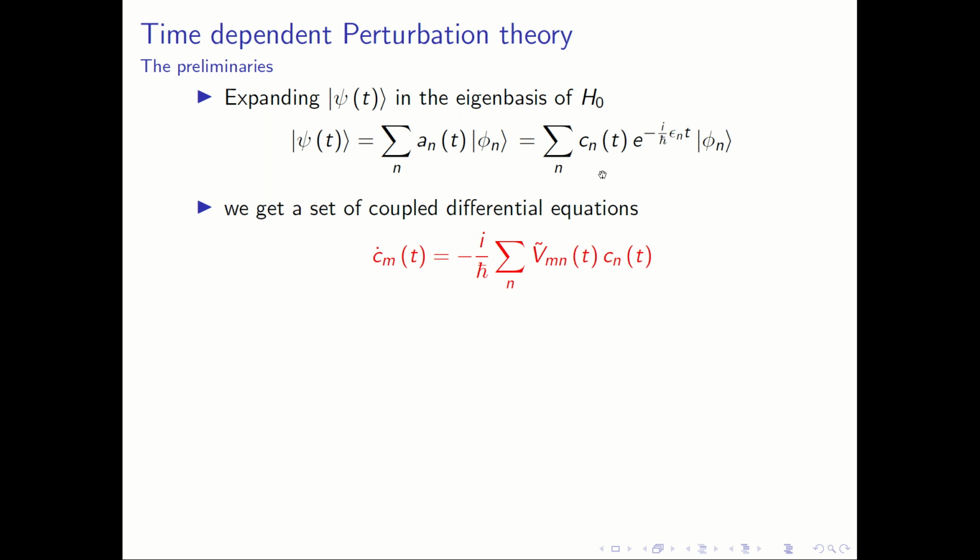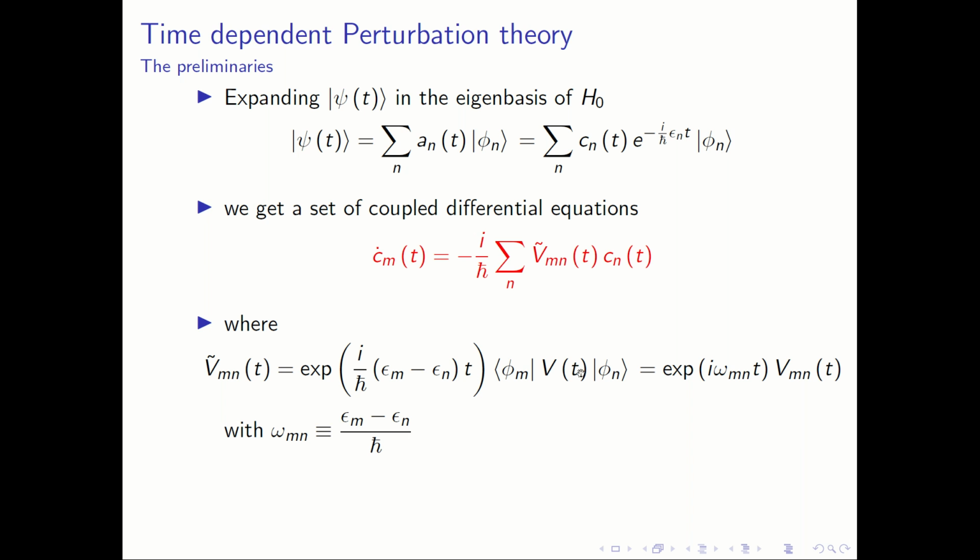Now we saw that if we substitute this expansion in the Schrodinger equation, you end up with this particular set of coupled differential equations, where the V tilde_mn essentially are the matrix elements V_mn, phi_m V(t) phi_n, of the perturbing potential, but on top of that there is this extra piece exponential i by ħ epsilon_m minus epsilon_n t, which of course we shortened to exponential i omega_mn t, where omega_mn is epsilon_m minus epsilon_n by ħ.